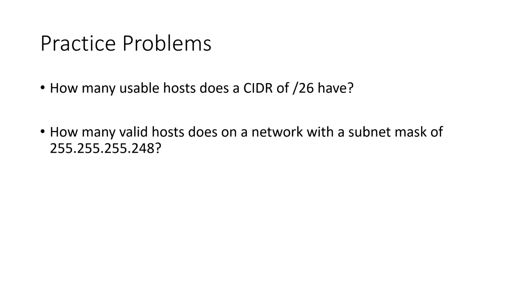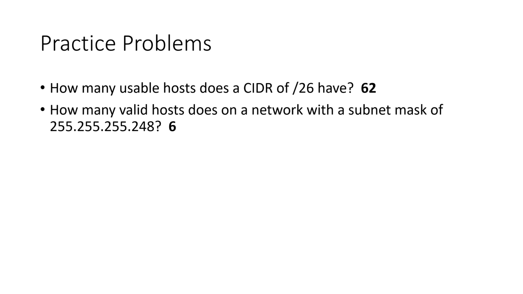So you have 8 total hosts. But we're not asking for total. We're asking for valid or usable. And usable is always 2 less than total. So you have 6 hosts that you can hand out to devices on this subnet. Pretty straightforward if you just crunch the binary.